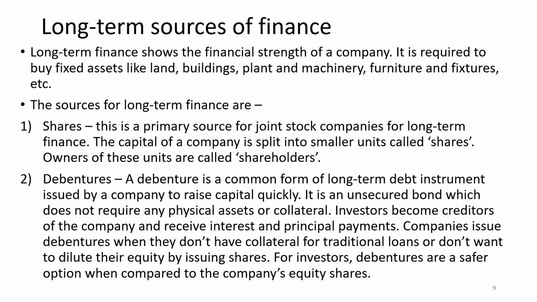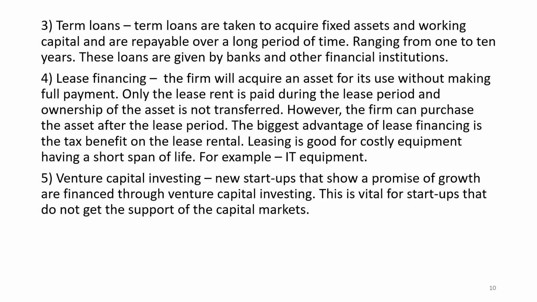Debentures are a safer option compared to shares, where the stock price may sometimes fall suddenly or go for a loss. So debentures are a safer option for customers to buy and provide long-term finance to new ventures.